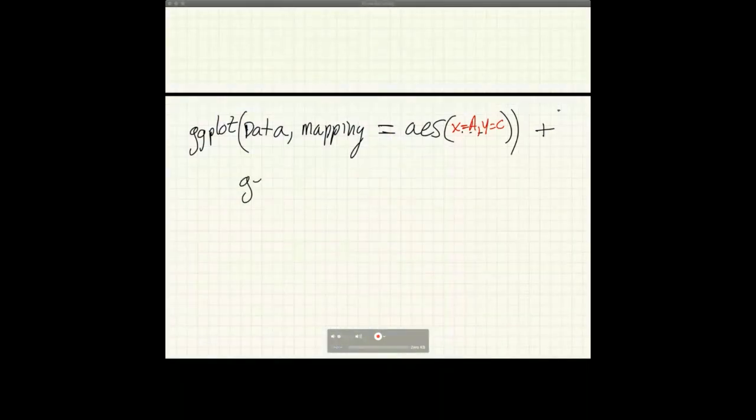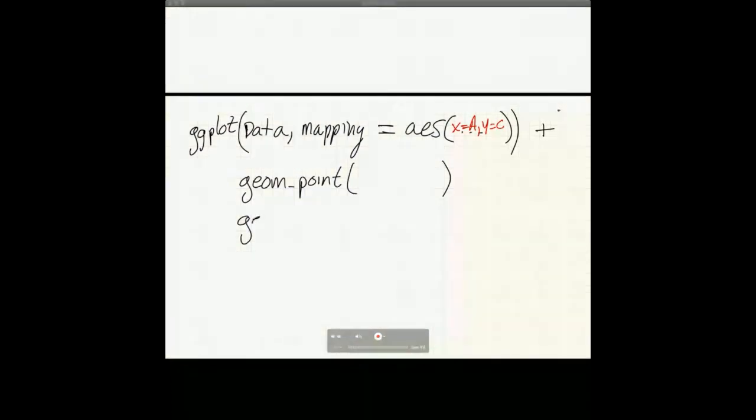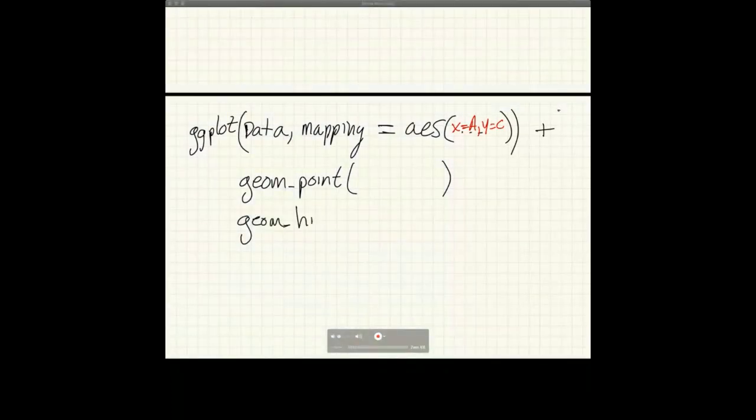Nowadays, you use something like geom_point or geom_histogram to do what you want. So geom_point still has a stat inside of it that it can change to give you something else. You can still do various kinds of computations and remappings and things like that.